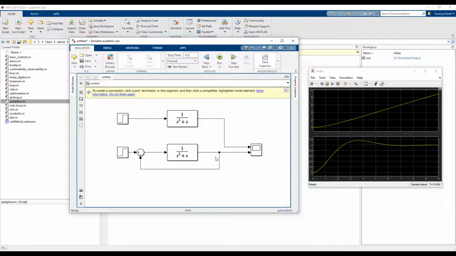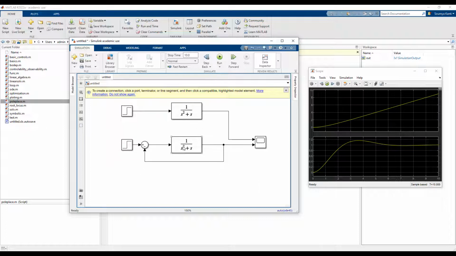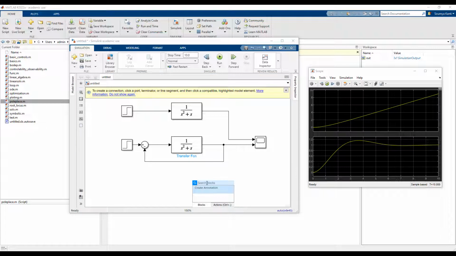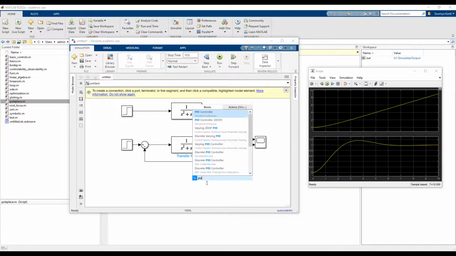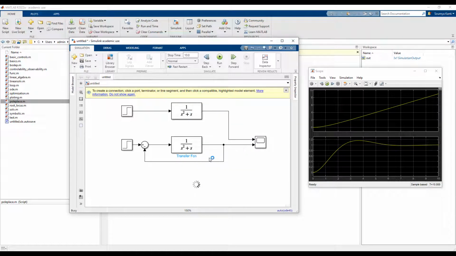Now let's add a controller in between. You can add the controller as a transfer function itself, and there are also PID controllers here. I'll directly use the PID one. So if I have a PID controller here, you'll see this is the PID controller.